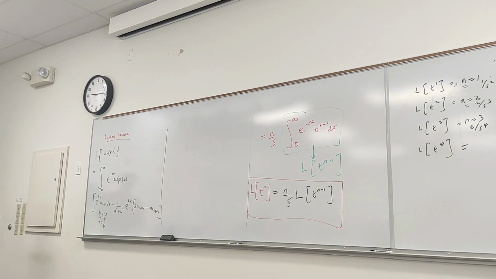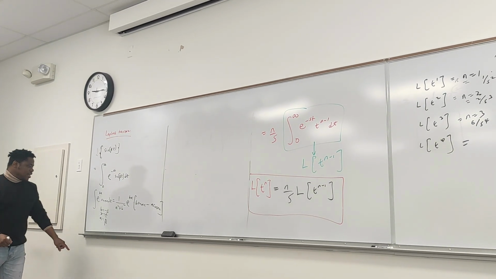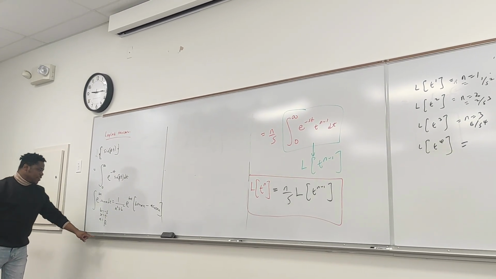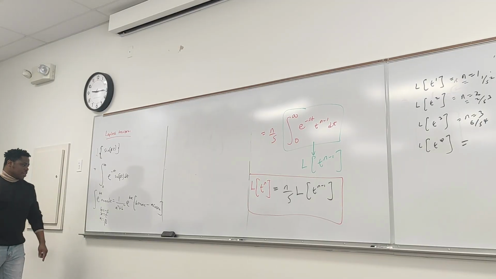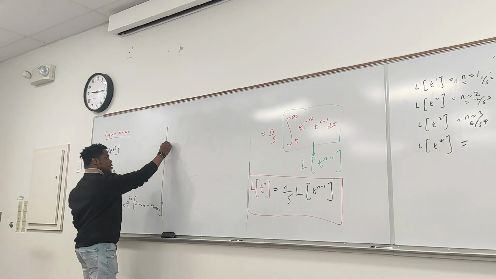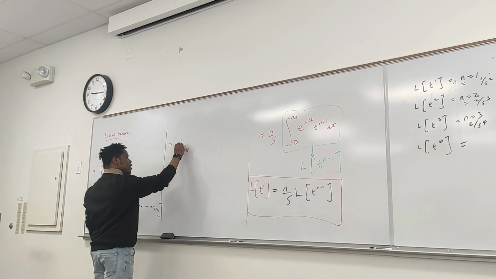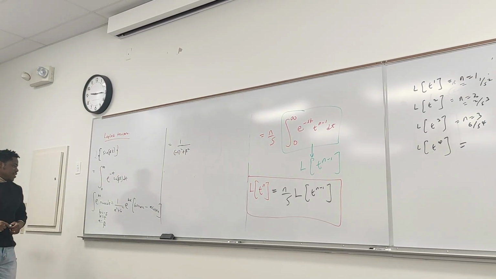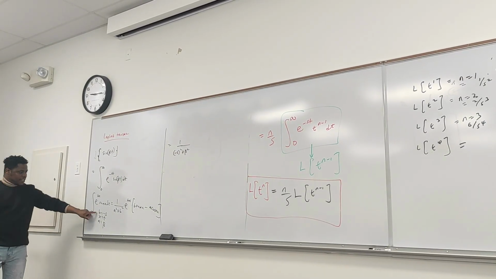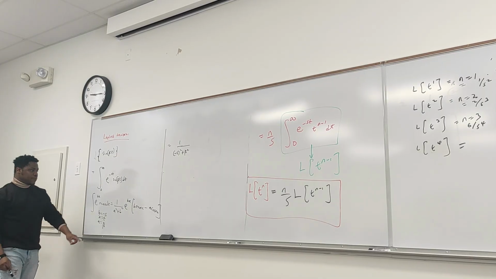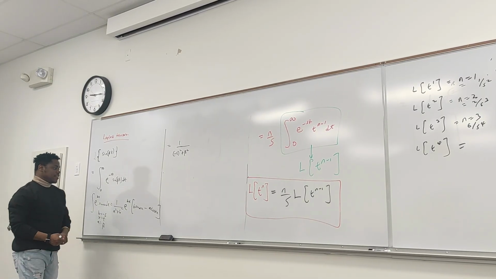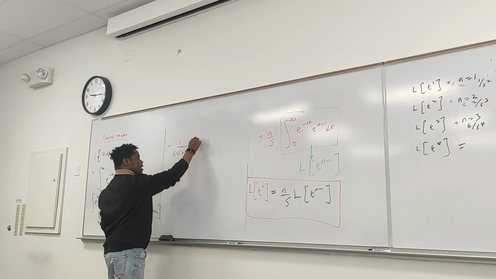So what we need to do is 1 over a squared plus b squared becomes 1 over negative s squared plus beta squared, right? That's negative s squared plus beta squared. Exponential bx becomes exponential minus st, like that.